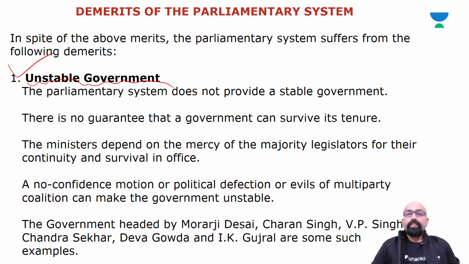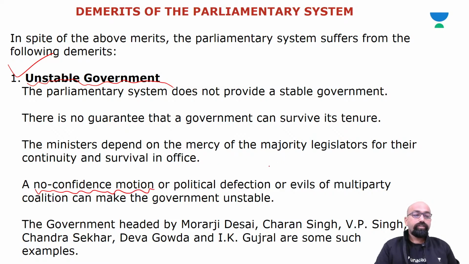So the parliamentary system does not provide a stable government. There is no guarantee that a government can survive its tenure. The ministers depend on the mercy of the majority legislators for their continuity and survival in office. No confidence motion or political defection. Just remember these terms, guys.